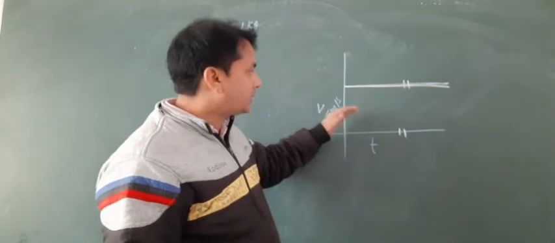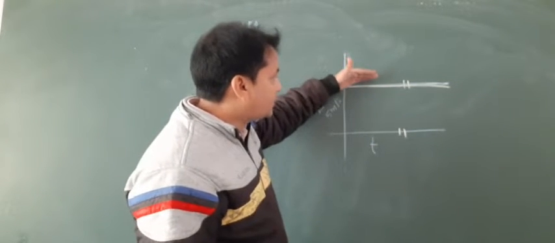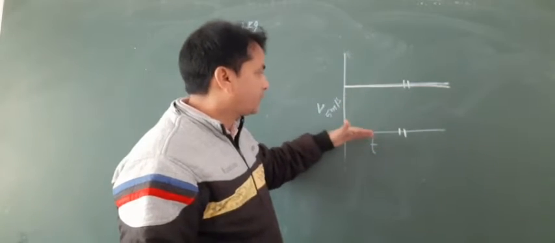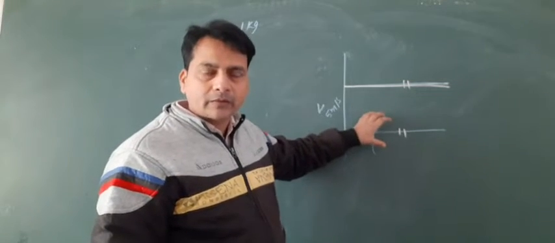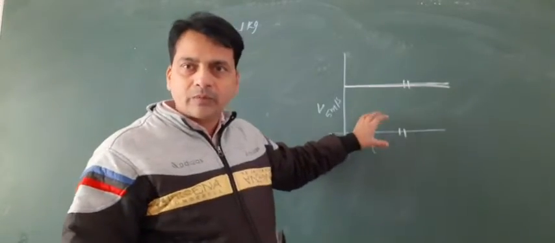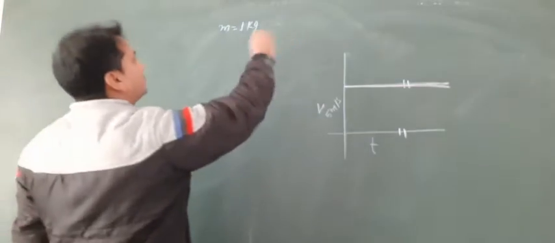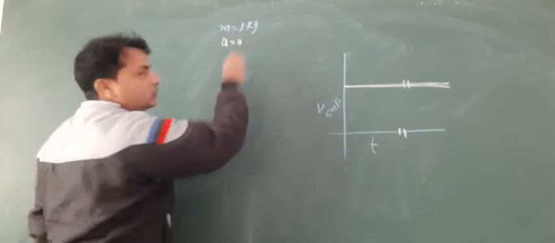So in this velocity time graph, the graph is parallel to the time axis, that is, a horizontal line. So it is clear that no acceleration is produced in this graph, so the acceleration will be 0.